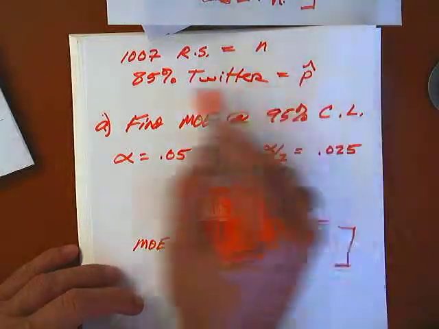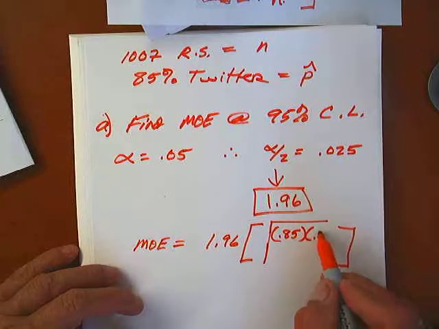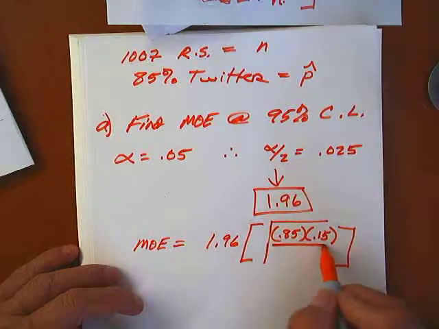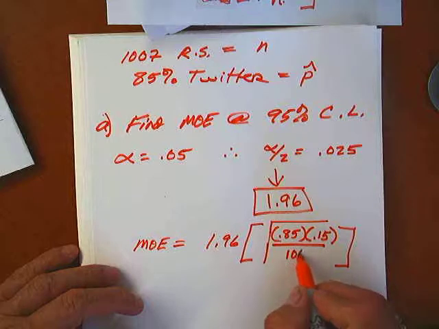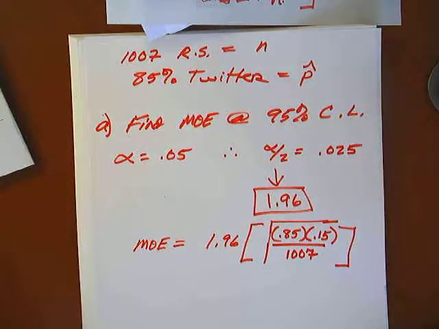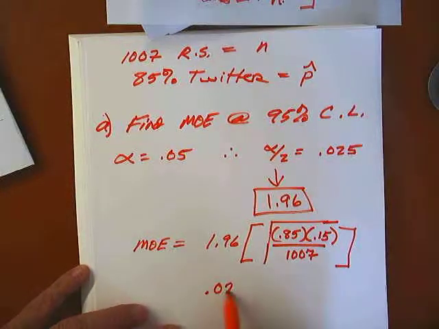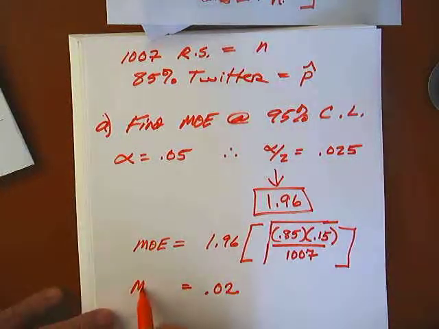Now we know from our previous formula that we need that 1.96. So margin of error is equal to 1.96 times the square root. p hat is equal to 0.85, therefore q hat is equal to 0.15, over 1,007.